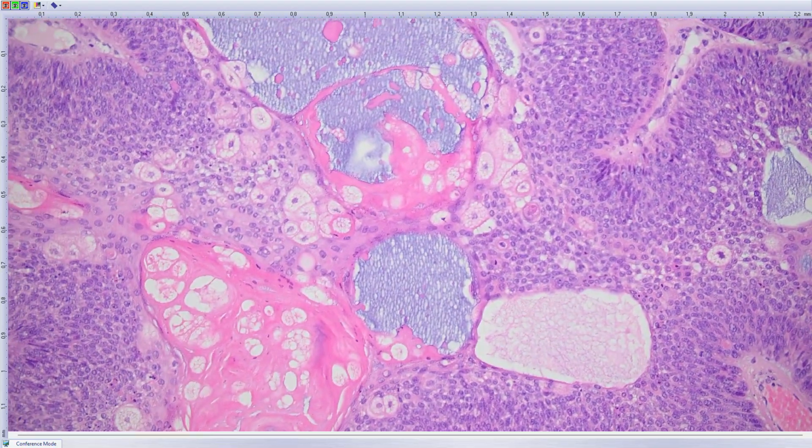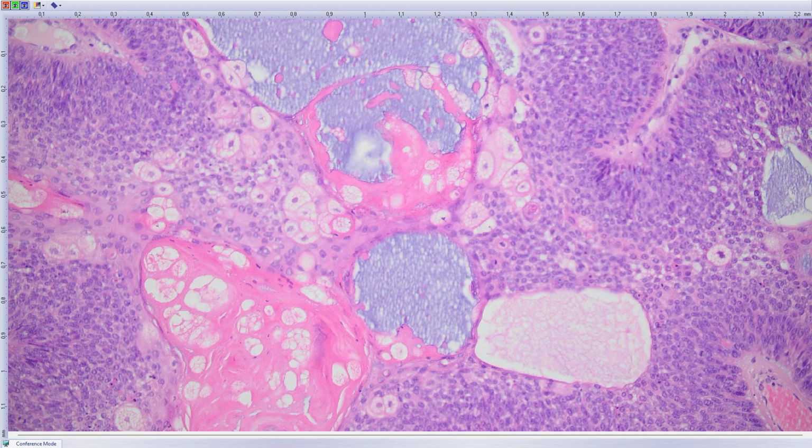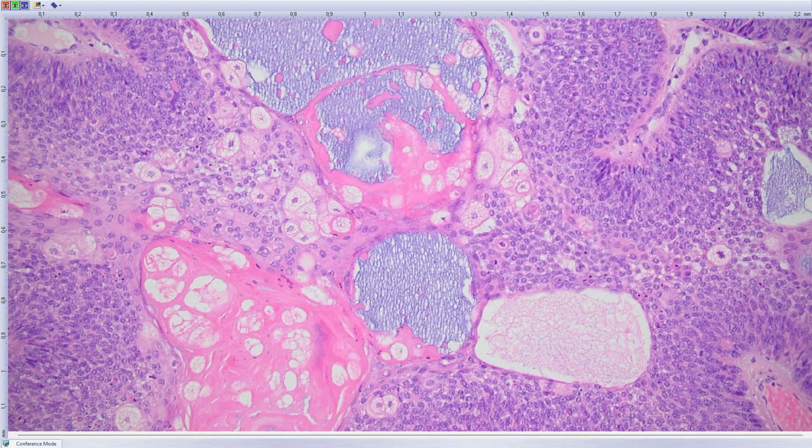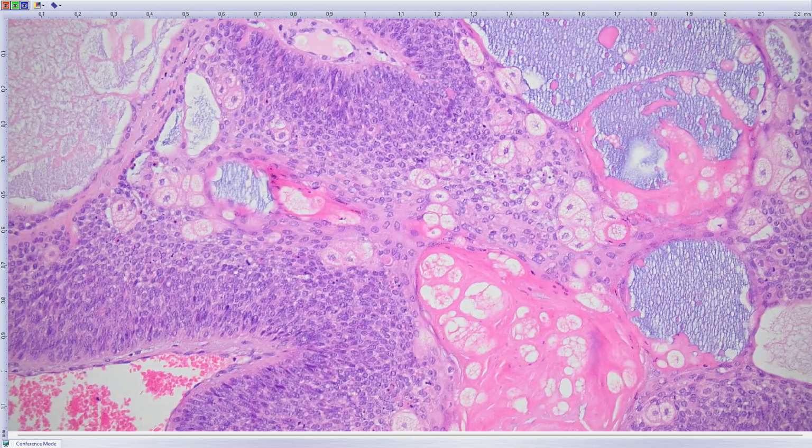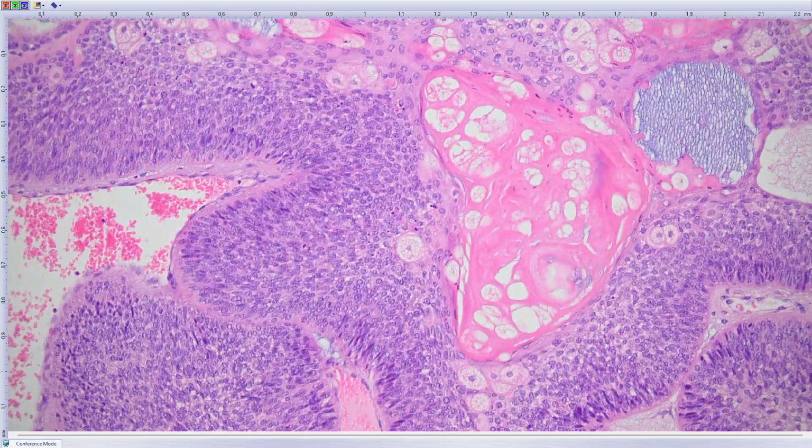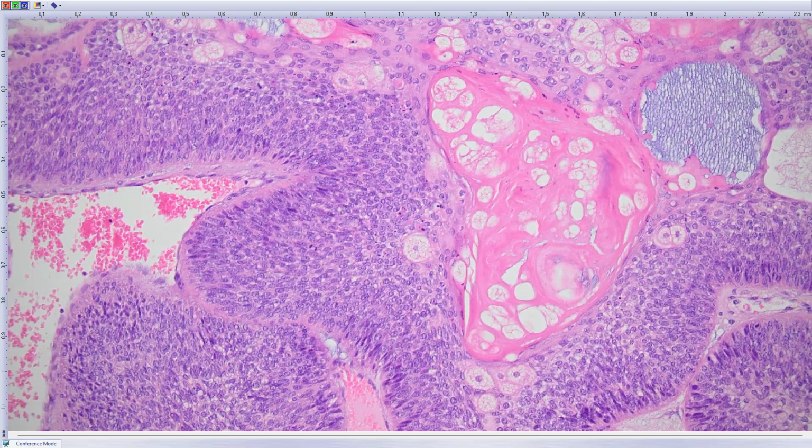These are cells with sebaceous differentiation. Okay, so we are dealing with some kind of a neoplasm with sebaceous differentiation.